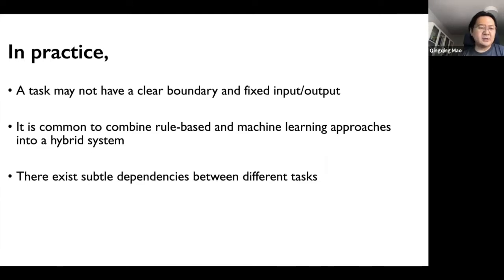Often, when people talk about machine learning applications, it feels like everything can be done in a single machine learning model, but that's never true. In the real world, a lot of times you need to combine rule-based models with machine learning approaches to get a hybrid approach.